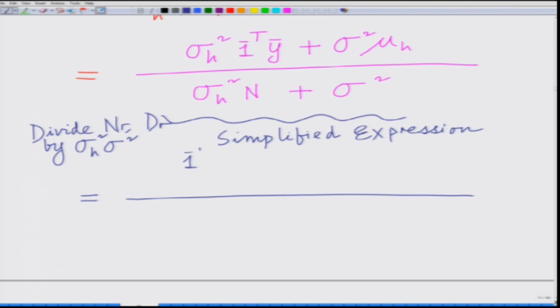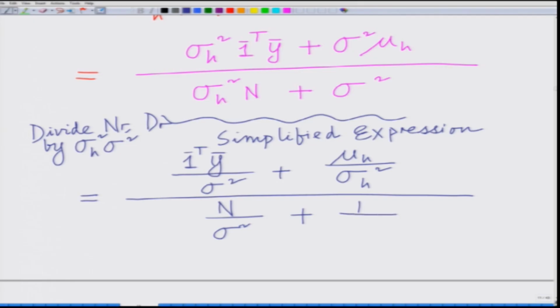What that will give me is 1 bar transpose y bar divided by sigma square plus mu h divided by sigma h square, divided by n divided by sigma square plus 1 divided by sigma h square.